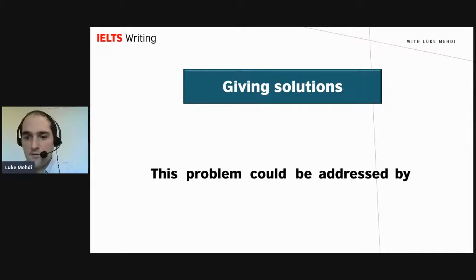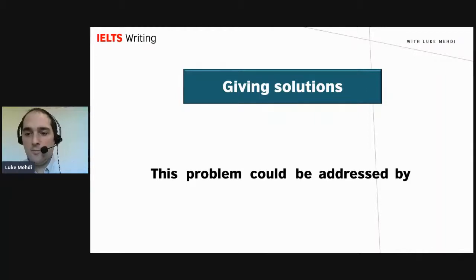Any ideas? Verb in what form? By an explanation, yeah. So we'd say could be addressed by, and then we'd have a noun phrase.